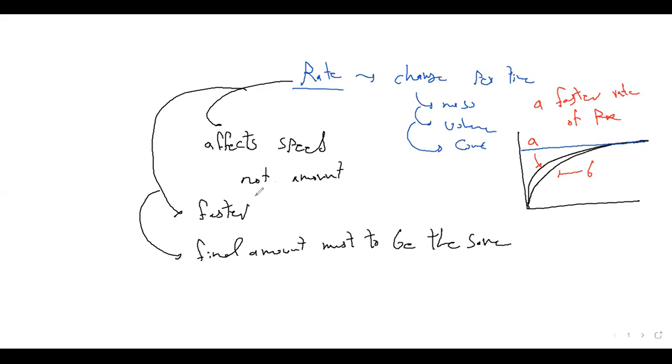It means that faster rate or slower rate refers to the speed of the reaction, not the amount. The final amount must be the same. We said that A has a faster rate than B, but the total final amount for both is the same. Okay, this is number one.